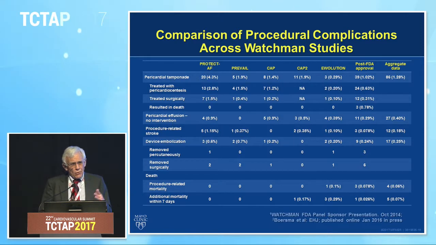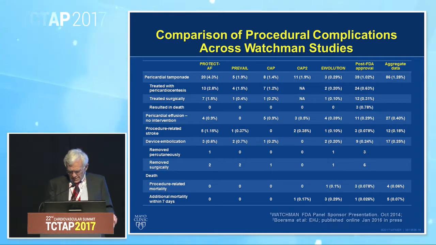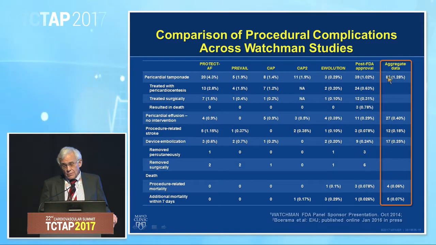You might say, well, how often does the wheel come off the car? How often is there a huge complication? And this is a complicated slide. Let's just look at the far right, and we can see the different trials from PROTECT to post-approval and evolution, the aggregate data. Pericardial tamponade is 1.28%, not 0.